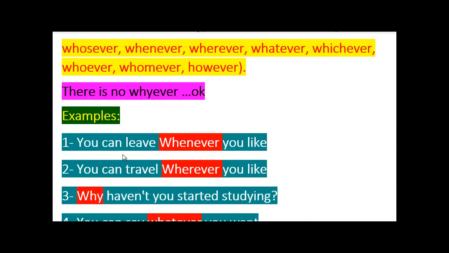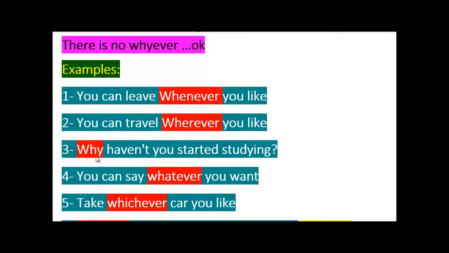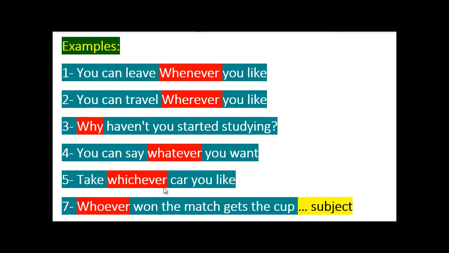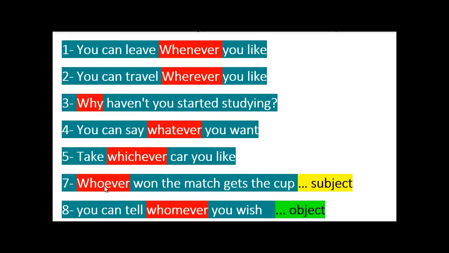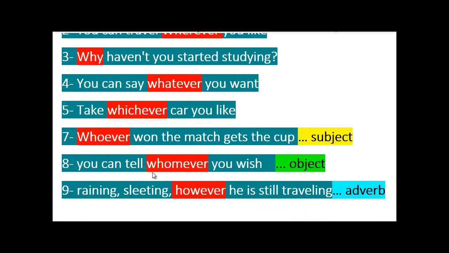Examples: you can leave whenever you like. You can travel wherever you like. Here we don't have why ever, so we just left it. You can say whatever you want. Take whichever car you like. Whoever won the match gets a cup. Here we're talking about the subject. You can tell whomever you wish, talking about the object here.